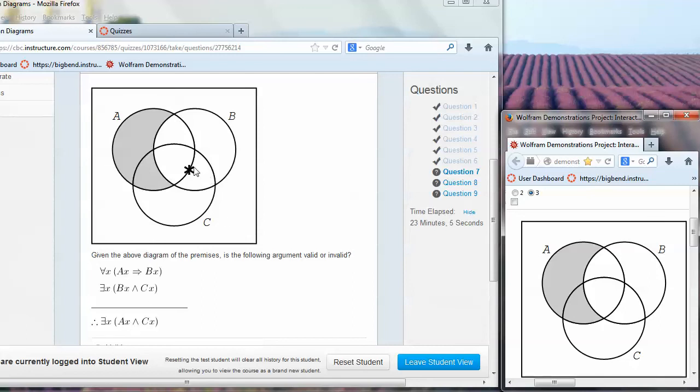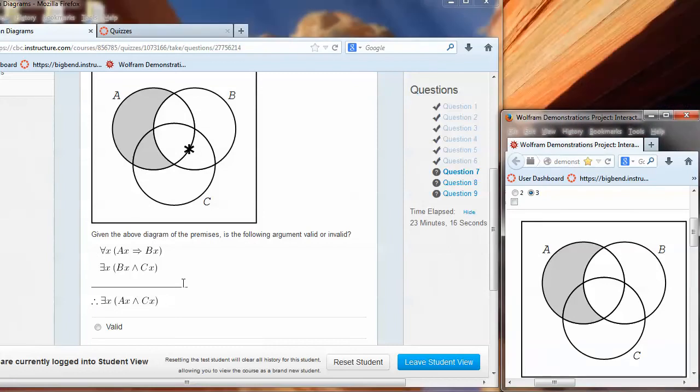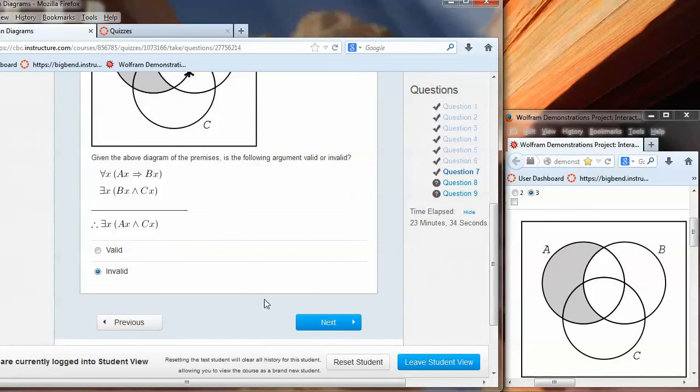The premises don't rule out this star being over here. They don't guarantee that there's a star in the center region. And if you sort of think about what these premises are saying, that kind of makes sense, right? The first one says everything that's an A is also a B, and there's something that's both a B and a C, but that doesn't seem like it would guarantee that there's something that's both an A and a C. And as you can see from the diagram, that turns out to be the case. So this argument is also going to be invalid.